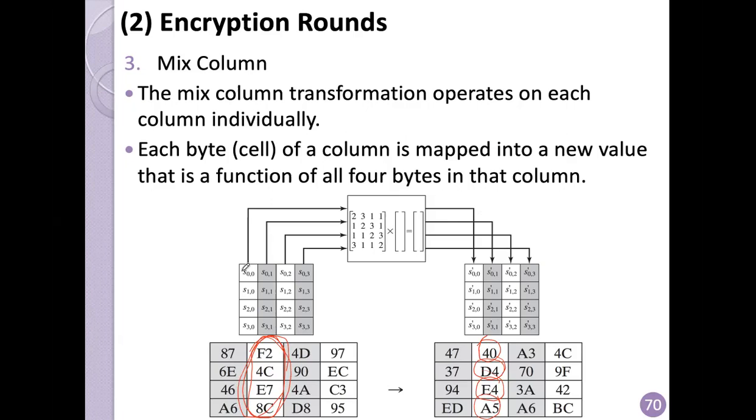It takes a column, let's say this column, puts it here, and now multiplies it by this matrix. This is a 4 by 4 matrix. You see 2, 3, 1, 1, 1, 2, 3, 1, 1, 1, 2, 3, 3, 1, 1, 2, which is of course something similar to the shift row. This is shifted 1 to the right, 2 to the right, and 3 to the right with respect to the first one.